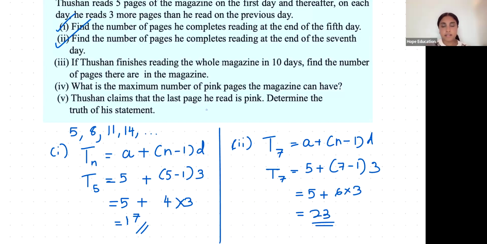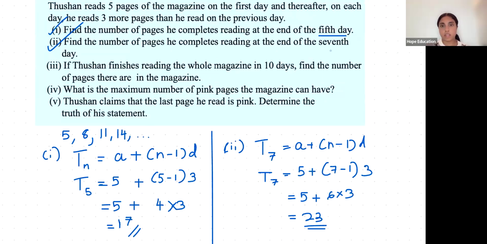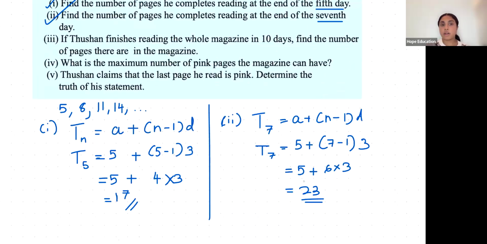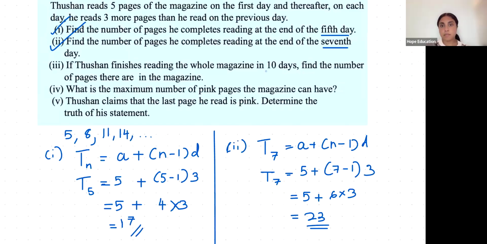At the end of the 5th day, 17 pages he has read. At the end of the 7th day, the total pages is 23. If we want to find the total number of pages he has read at the end of the 10th day, we can still use the same equation. And by the 10th day, he's finishing. That means that total number of pages is the total number of pages in the magazine.